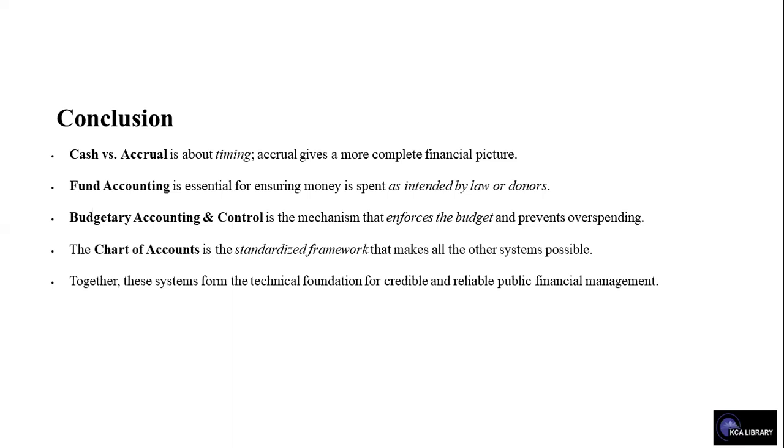Budgetary accounting and control is the mechanism that enforces the budget and prevents overspending. And the chart of accounts is the standardized framework that makes all the other systems possible. Together, these systems form the technical foundation for credible and reliable public financial management.